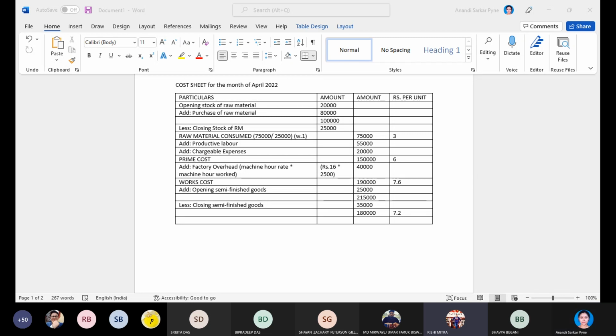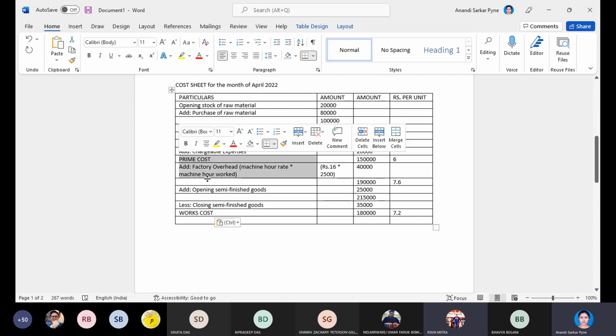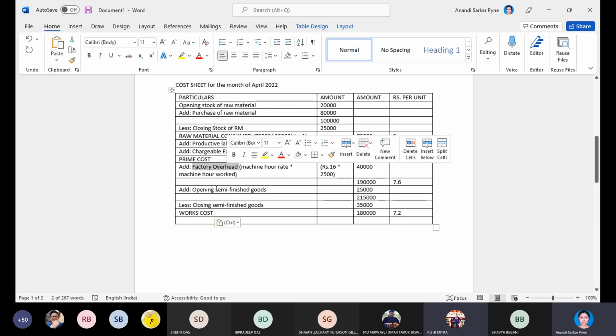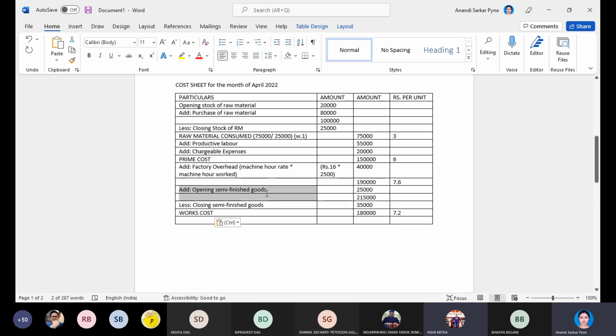Ma'am, will you explain this 7.2 part one more time? Yes. So after adding all the direct expenses from raw material consumed to labor to direct expenses, we are getting prime cost. Along with the prime cost, we are adding factory overhead. We are adding the opening work in progress, opening WIP.